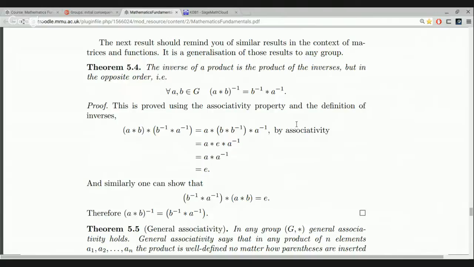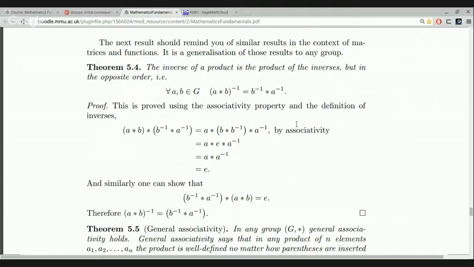This is not a special property about matrix multiplication. It's a very fundamental property about transformations in general. We met it in the chapter on functions. The inverse of a composition of two functions is the composition of the inverses, but in the opposite order. For functions f and g, we had exactly the same property.